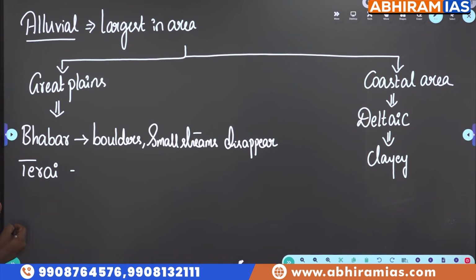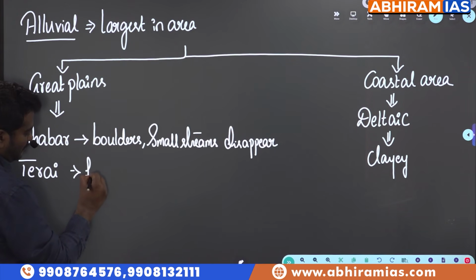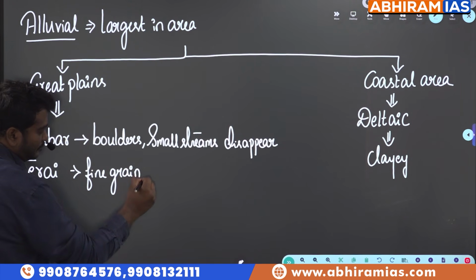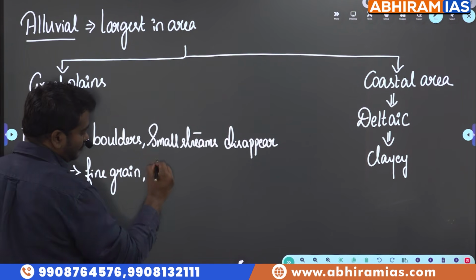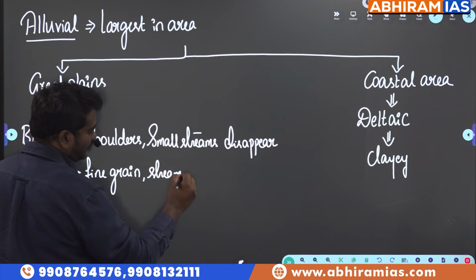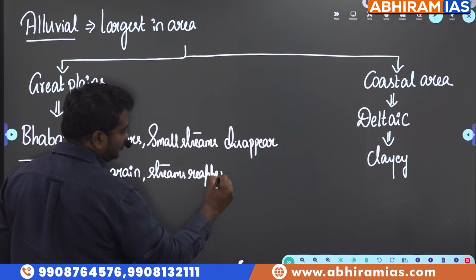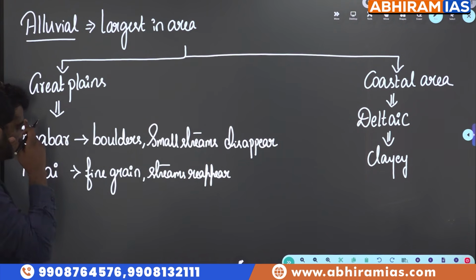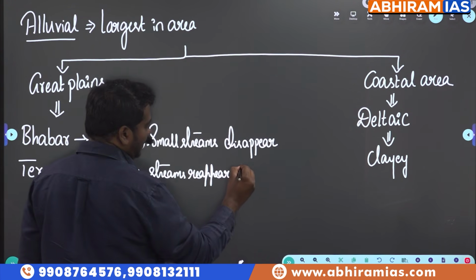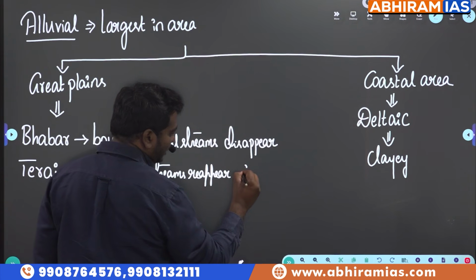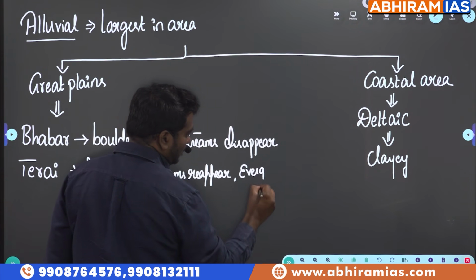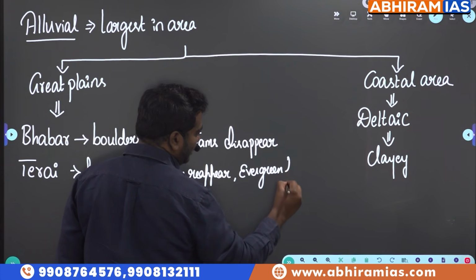Terai, fine grain, streams reappear. It is good for agriculture. Evergreen forest may be present.